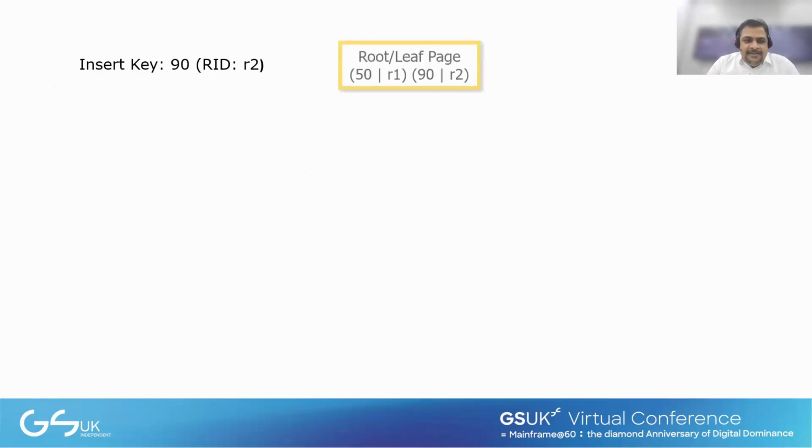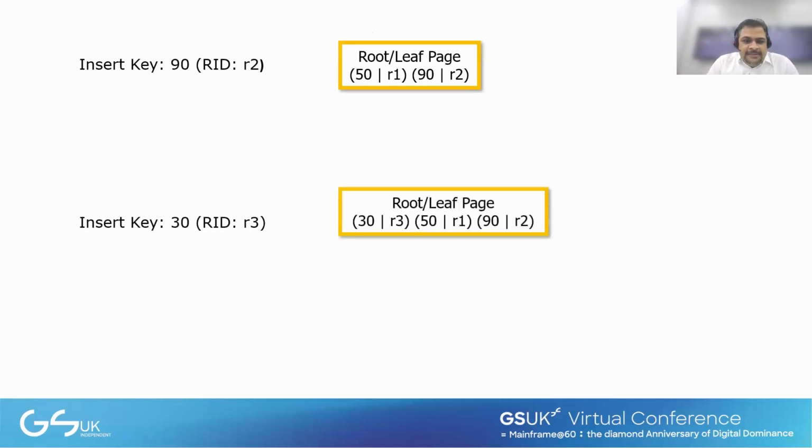Now you insert the next key, which is 90, row ID 2. It gets added in sorted fashion: first 50, then 90. You insert another key, 30, row ID 3, and it gets added. Navigation always starts from the root page.